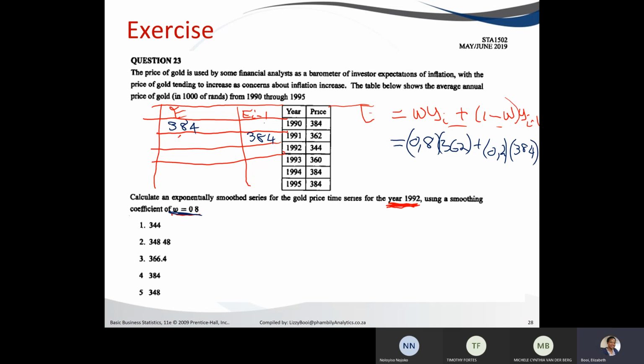When we calculate all this, 0.8 times 362 is 289.20 plus 0.2 times 384 is 76.80.